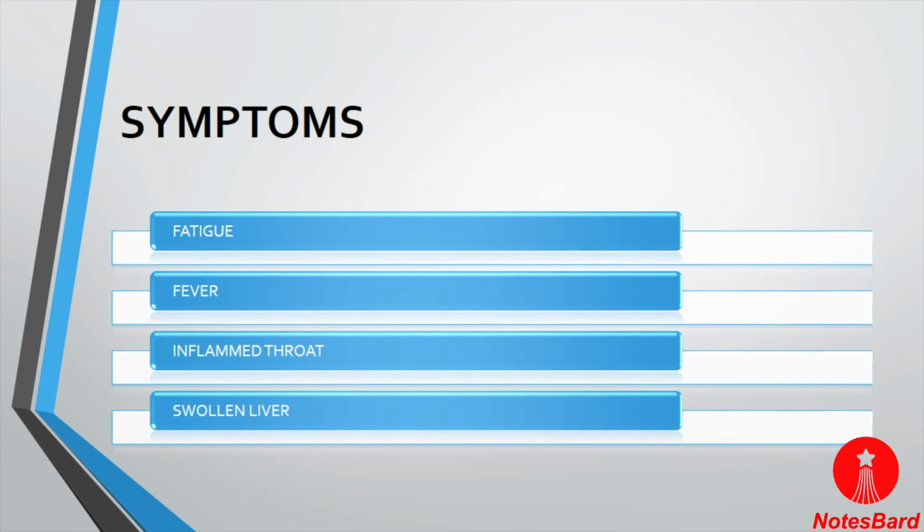That's why it is also difficult to diagnose the viral infection. These symptoms include extreme fatigue, fever, inflamed throat or sore throat, swollen liver or swollen spleen, and sometimes headache, body ache and rashes over the body. These symptoms are seen in this infection.